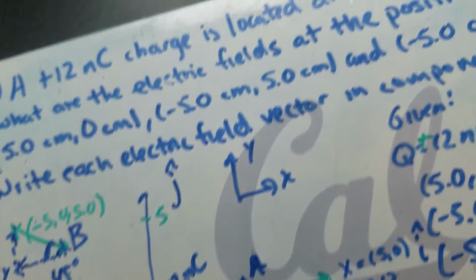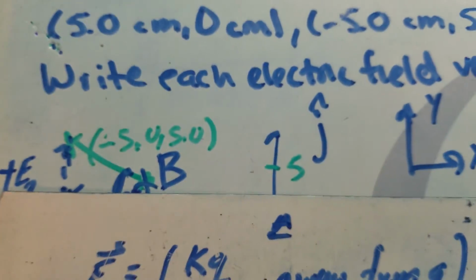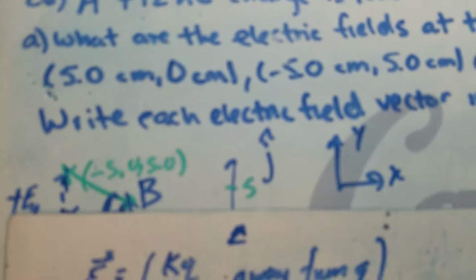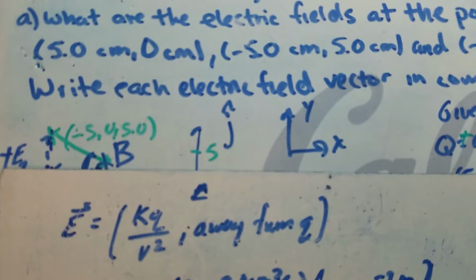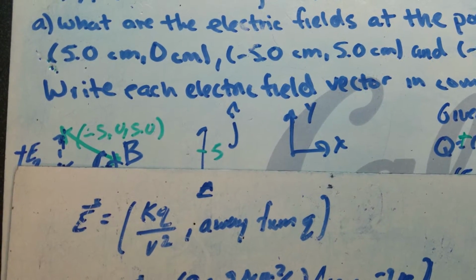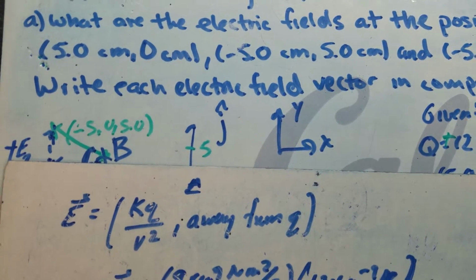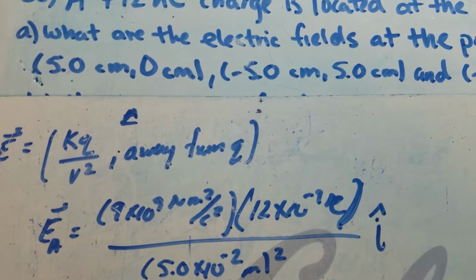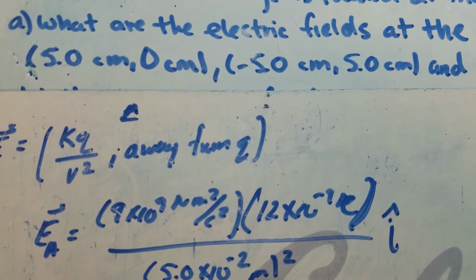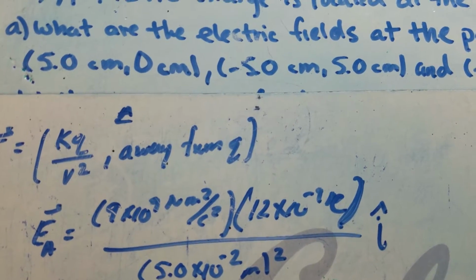The first thing we want to do is calculate part A. The way we calculate part A is we first write the general formula for the electric field. In this case, the electric field equals KQ over R squared, and it's directed away from Q. So for point A, we write the constant times the charge over the radius squared, and it only has an I direction.